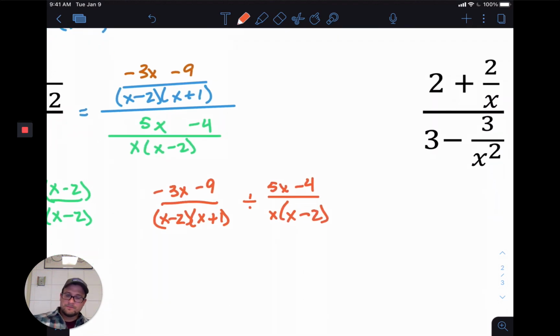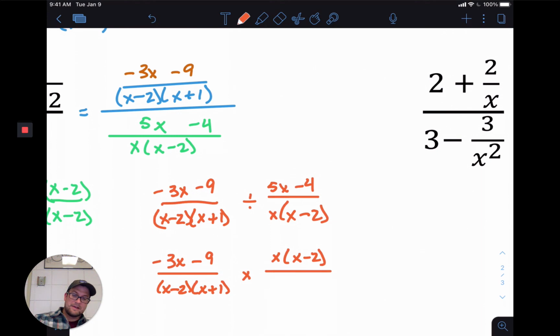Now, at that point, we know that division just means to multiply by the reciprocal. So we will multiply by x times x minus 2. And in the denominator, we'll have 5x minus 4.